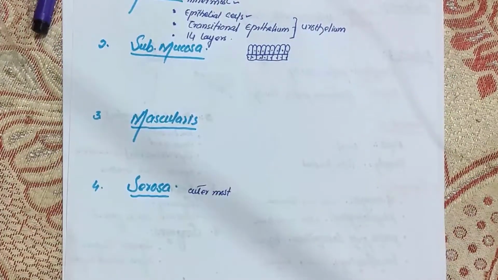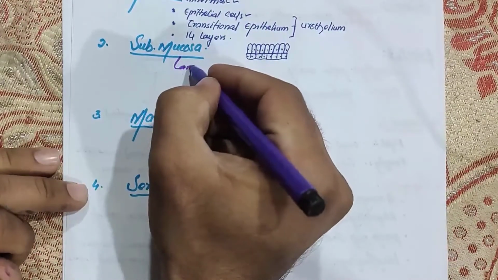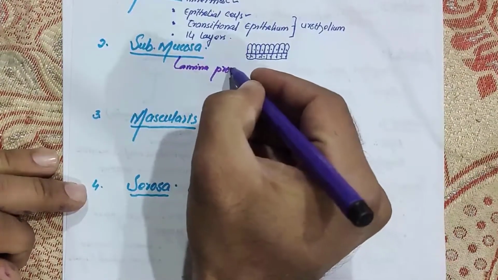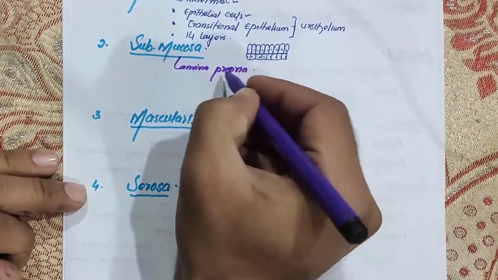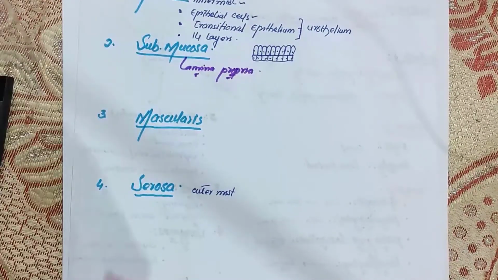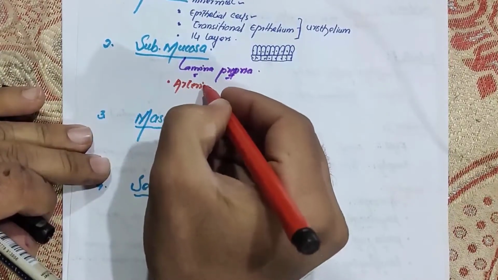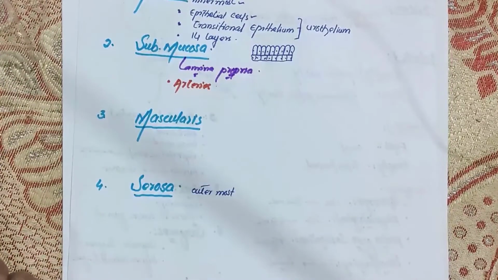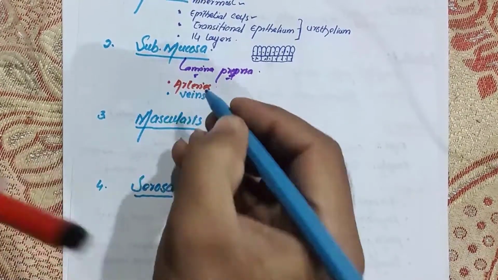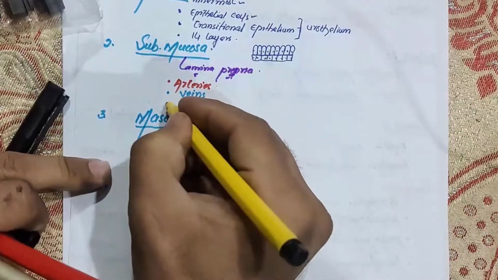Then there is the submucosa, which we also call the lamina propria. In this lamina propria, very importantly, let me use colors for you guys. There are arteries, then veins, then nerves.